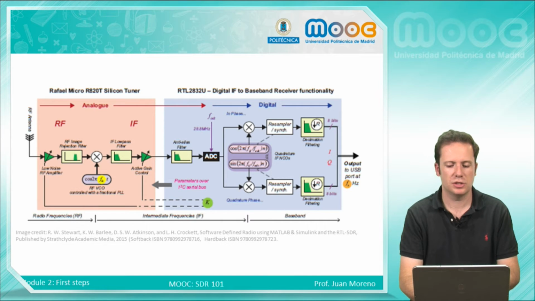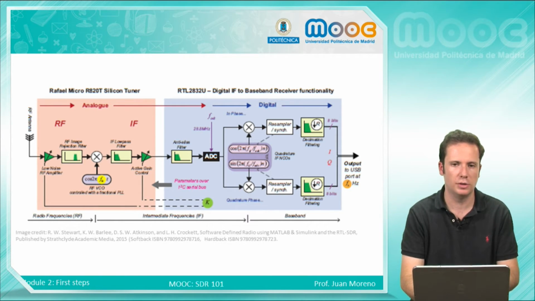Before this stage, you also need to filter the signal. This is called the anti-alias filter. And then, after this analog to digital conversion, you will have two branches, the quadrature and the in-phase branch. These two branches are very similar.